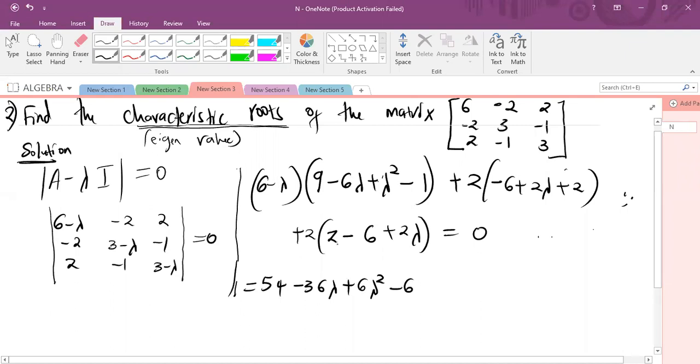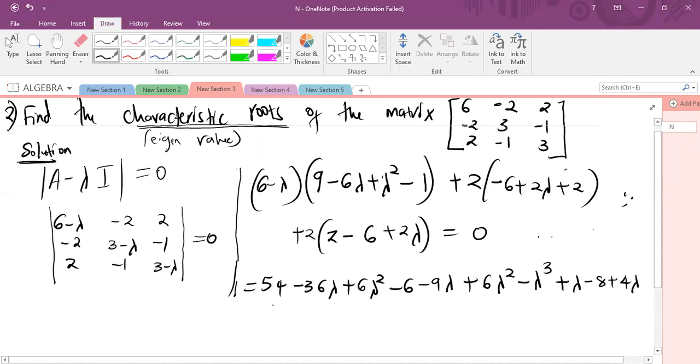Then opening with minus lambda, we will have minus 9 lambda, and then minus will give us plus 6 lambda squared, and then minus lambda cubed plus lambda. Now onto this bracket, minus 6 plus 2 will give me minus 4. So minus 4 times 2 will give minus 8. And then 2 times 2 lambda will give plus 4 lambda.